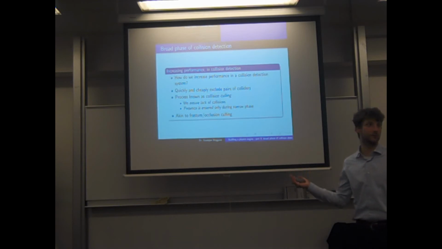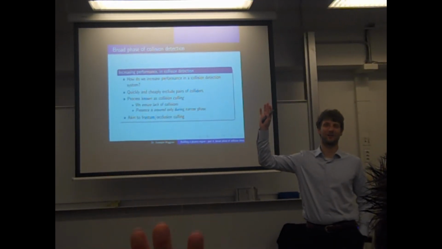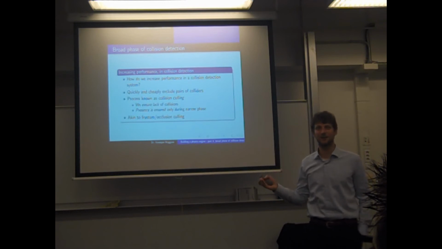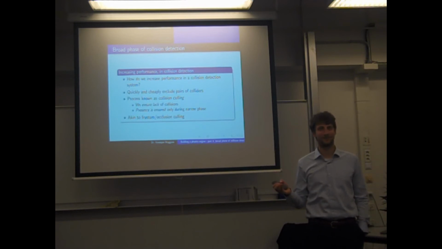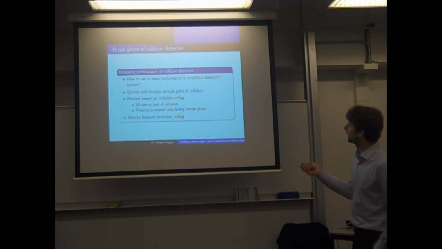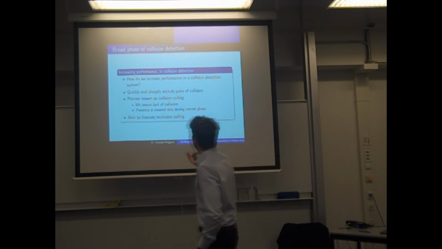Do you know what culling is? Raise your hand if you know what collision culling or frustum culling is. Seriously, come on. You haven't seen frustum culling in the first year? Really? You practically don't do anything with graphics in the first year. That's impressive. Anyway, the idea of culling is to reduce the set of things you work on.